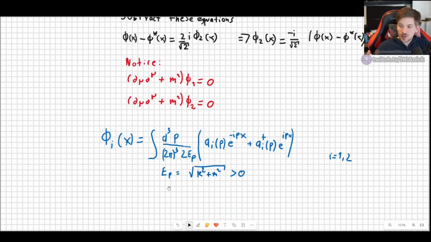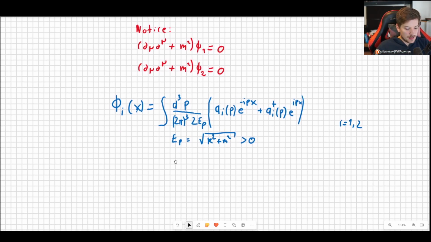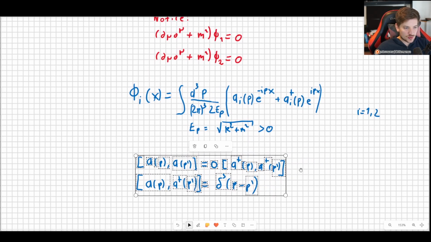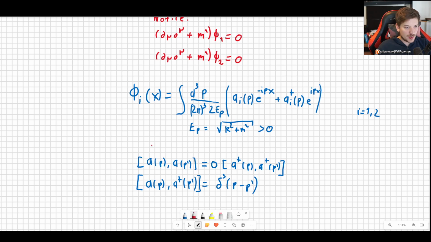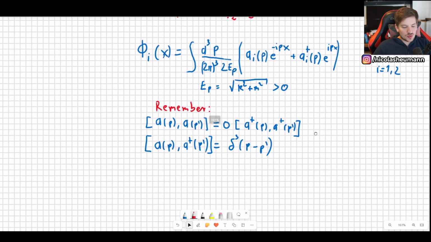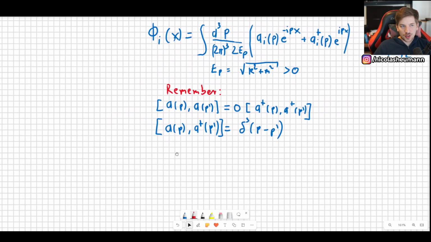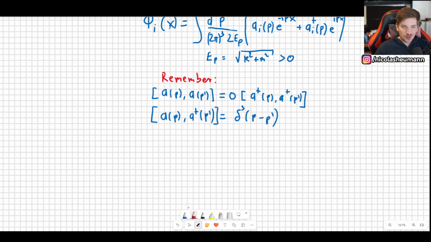So now what we want to do is find the canonical commutation relations between these new creation and annihilation operators. Here we are going to base this off of the ones that we already know. So I'm going to just write here, remember, this is what we used to have. Basing on what we know about these operators already, we can see how they're going to behave.